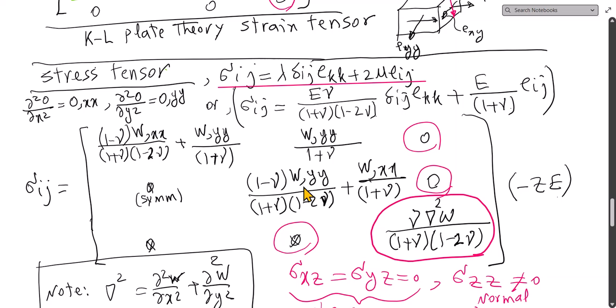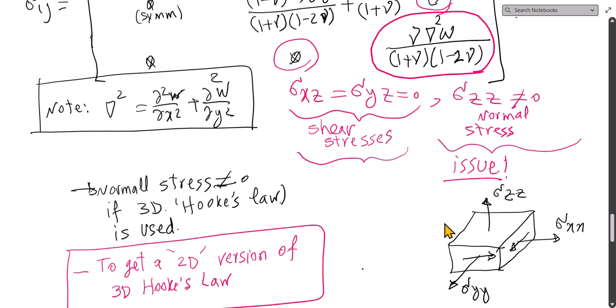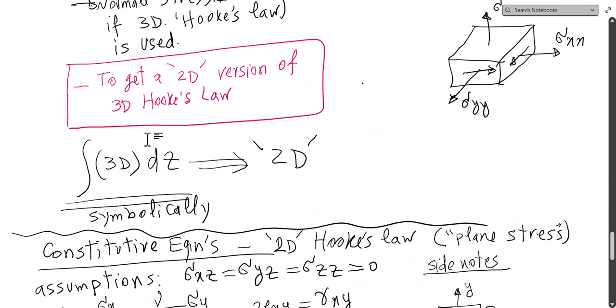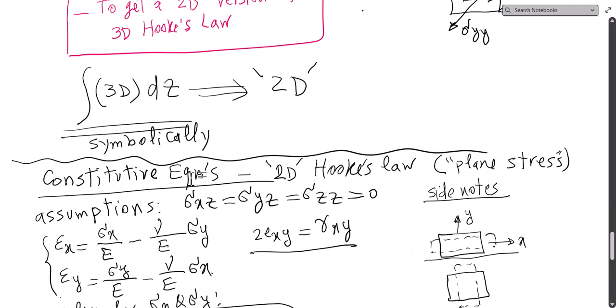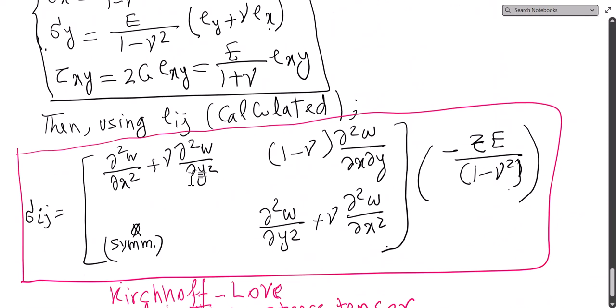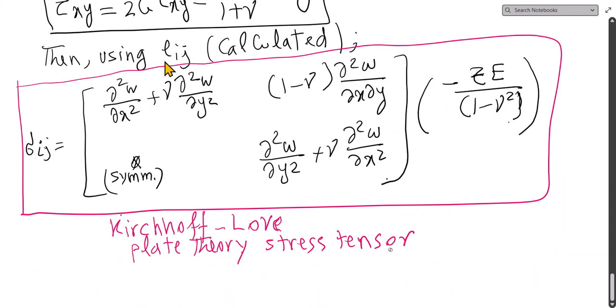Second, ignoring this on the surface is not justifiable unless you integrate through the thickness, and I will do that later, and then say, okay, let's go to 2D, and then with 2D you get the correct stresses.